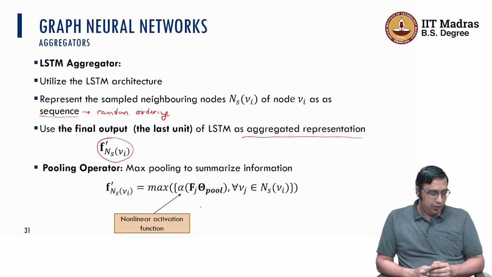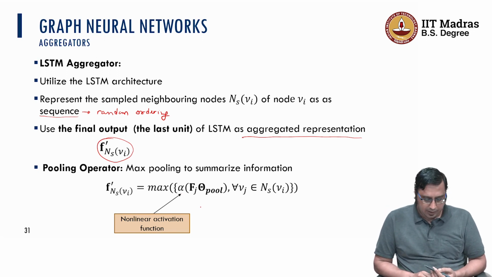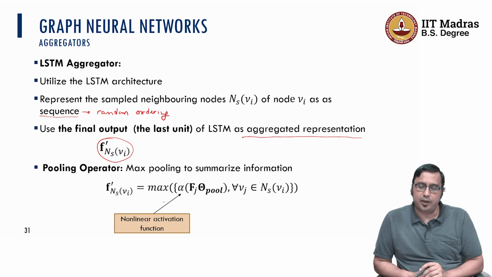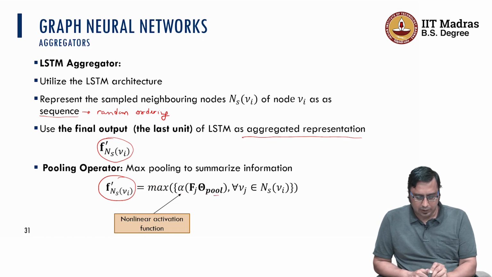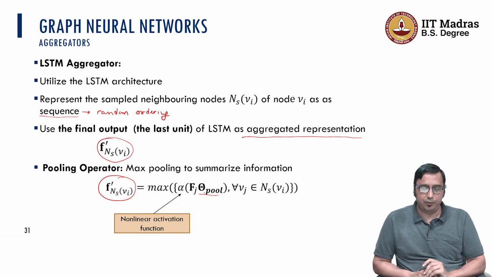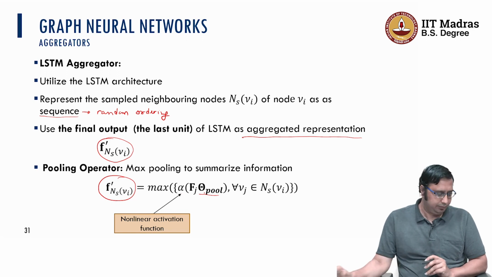And before we summarize, we apply a nonlinear activation function, like alpha here, to get my final output. Here, theta_pool are the parameters that we have to obtain from the data.